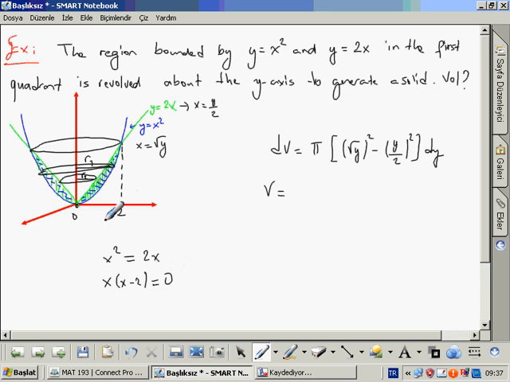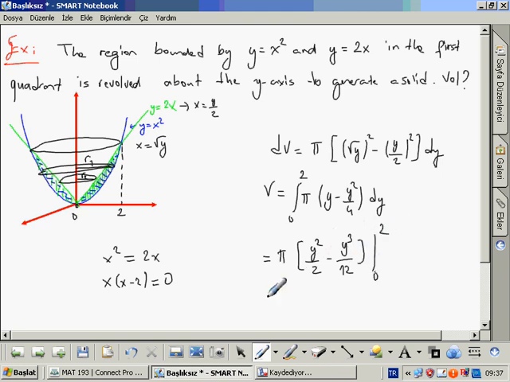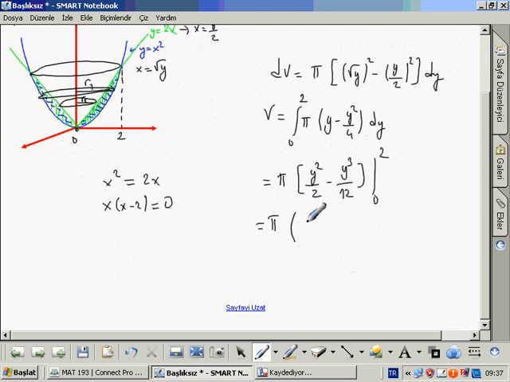So V equals the integral from 0 to 2 of pi times y minus y squared over 4, del y, which equals pi times y squared over 2 minus y cubed over 12, from 0 to 2. That is pi times 2 minus 8 over 12, so it equals 4 pi over 3 cubic units.